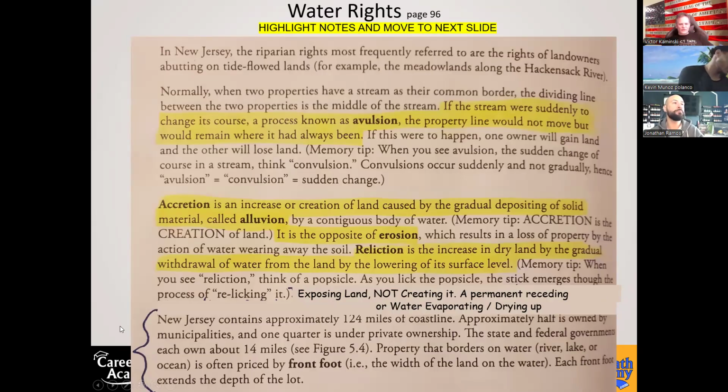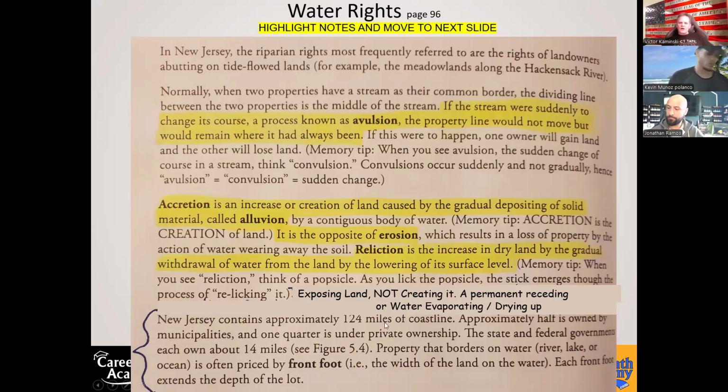And there's an interesting little factoid down here at the bottom about New Jersey. Does anybody know how big New Jersey is, size-wise, in miles? How long is it? How wide is it? New Jersey is approximately 170 miles long and about 70 miles wide.